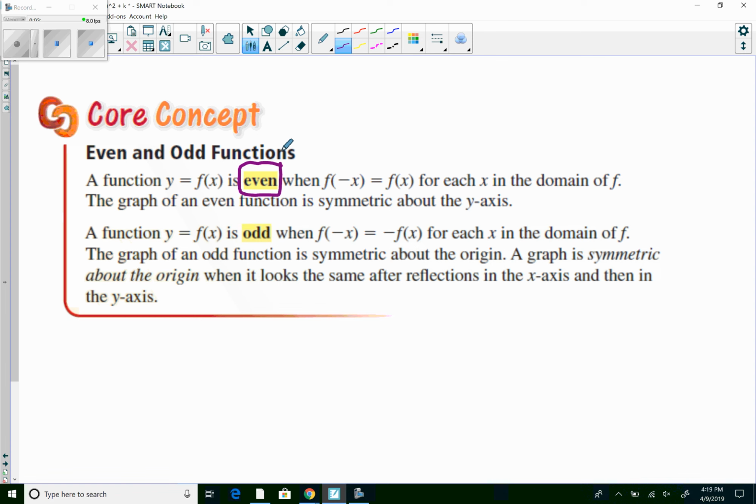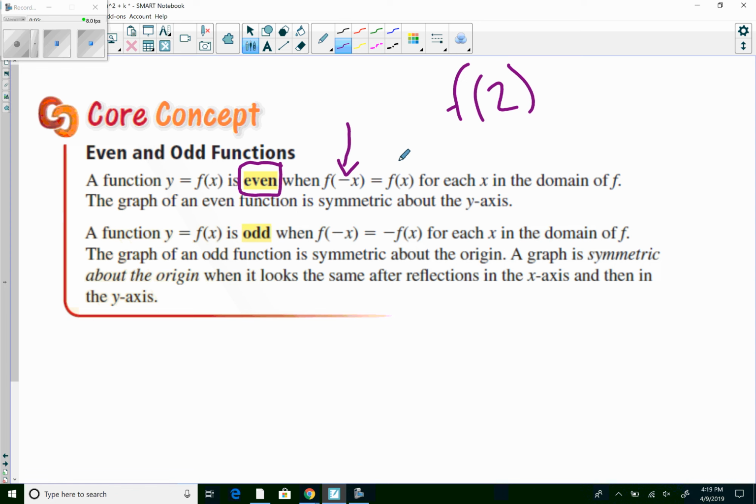We are going to be able to tell that a function is even when we take negative x, so like instead of taking f of 2 and plugging 2 in for all of the x's, we're going to take a negative x and plug it in for all of our x values in our function.